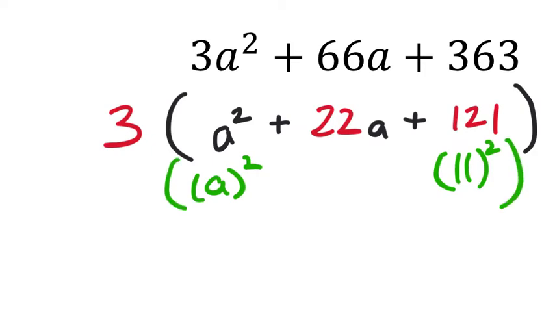So since I see that the first term and the third term are both perfect squares, and maybe the 1 would have helped right there, I can look to the middle term and see if it's double those two values, right? So it'd be like 2 times 11 times a, and it is, right? If I multiply those two together, I get 22.